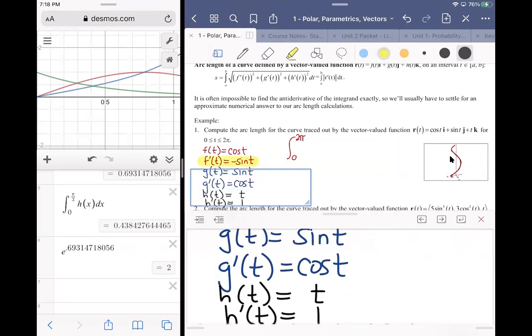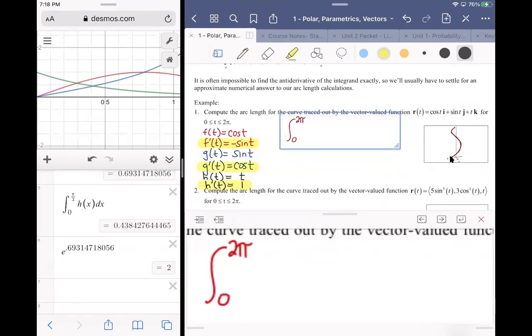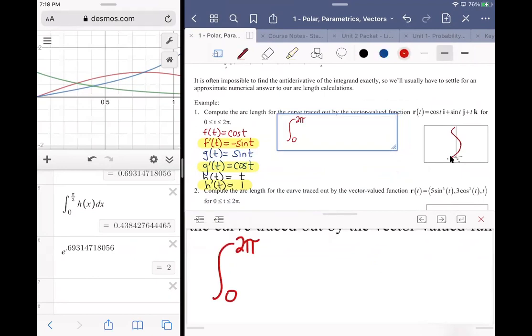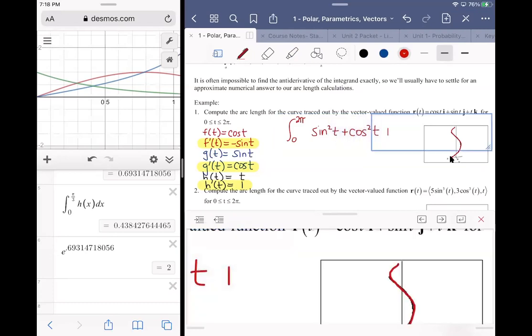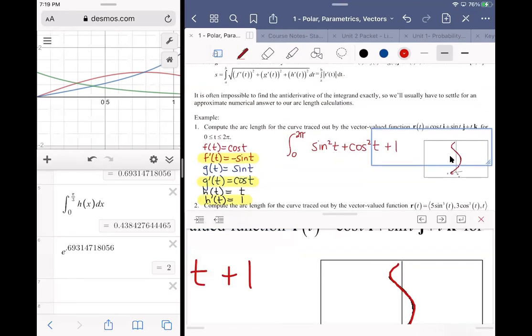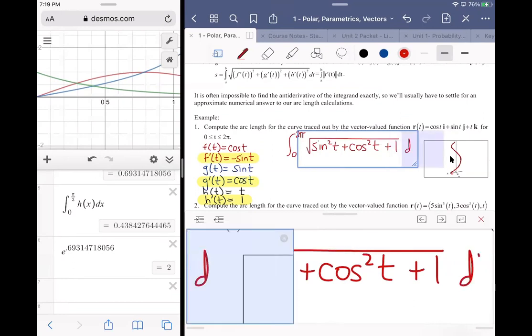Squared, squared, and squared, each one of those. So shorthand, sine squared plus cosine squared plus 1. That's all going into our model under a radical, dt.